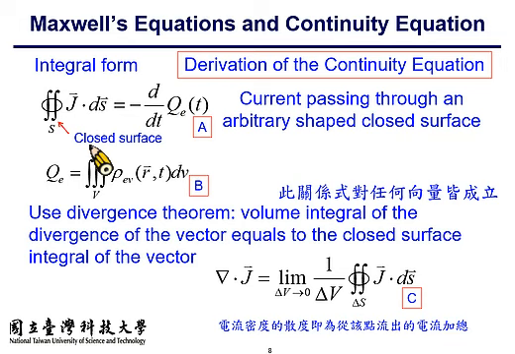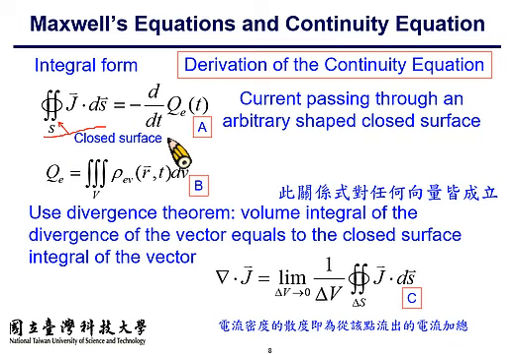The total current flowing out. I'm sorry. So here we have the closed surface integral. If it is a positive value, then we have current flowing out of the closed surface. So this represents the total current flowing out of this closed surface.